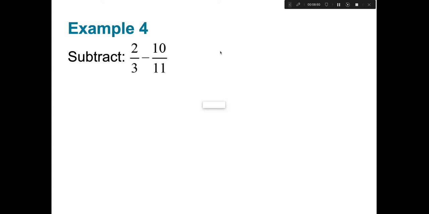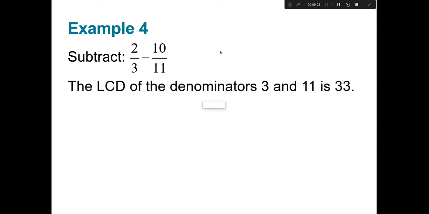What am I multiplying my second fraction by? 3. So my top number is 30. How is this different from the one we just did? They flipped it around.